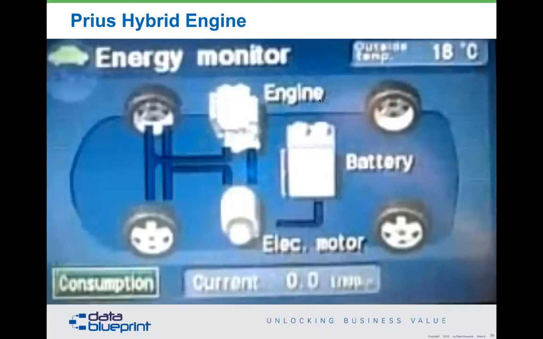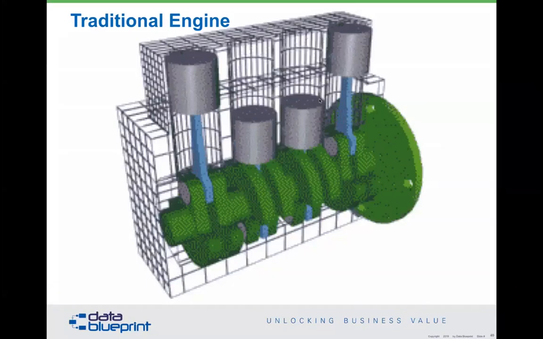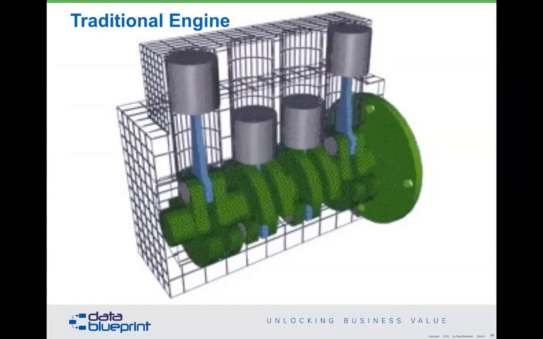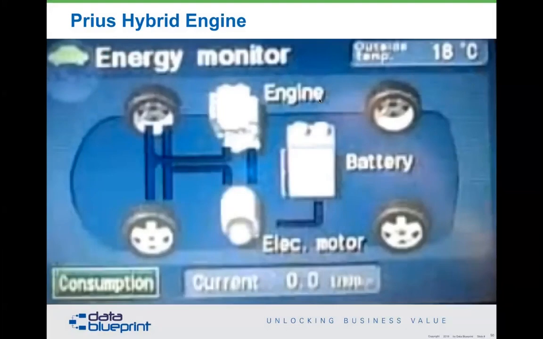Now, it's completely counterintuitive when you first start to think about it. I'm going to put 2 engines in my car to save energy? Well, turns out they did a pretty darn good job because they were looking at the right level of granularity. The wrong level of granularity is replace the engine with something else. In this case, you would not have the ability to, I either have an electric engine or I have a gas engine. Toyota's brilliance in this was to put the 2 of them together.